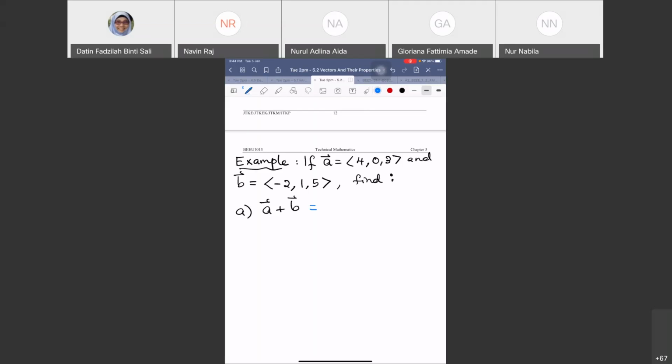So vector A plus vector B means we want to add 4, 0, 3 with minus 2, 1, 5. Earlier we said that when we add or subtract, it's x and x coordinate, y and y coordinate, z and z coordinate respectively. So 4 plus minus 2, then 0 plus 1, then 3 plus 5. So that's the sum.